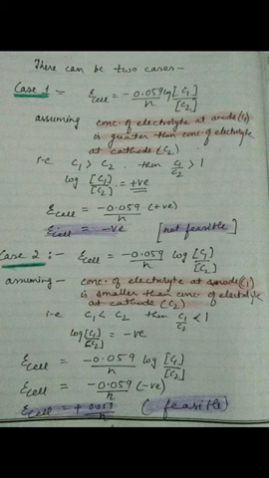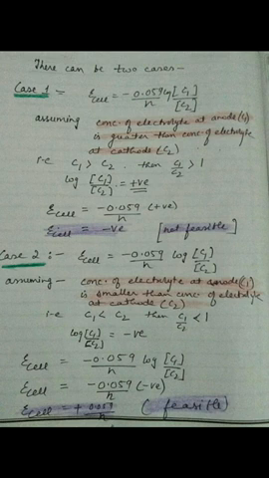So E cell equals minus 0.059 upon n log C1 upon C2. Putting in a certain negative value, minus 0.059 upon n multiplied by that negative value, E cell comes out equal to plus 0.059 upon n.